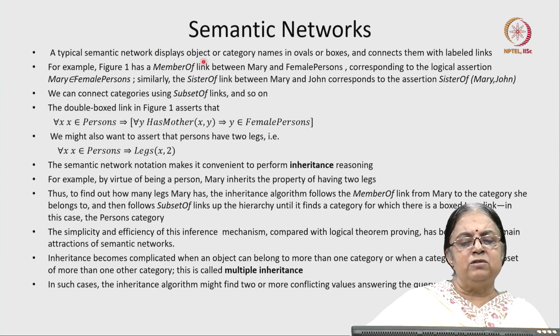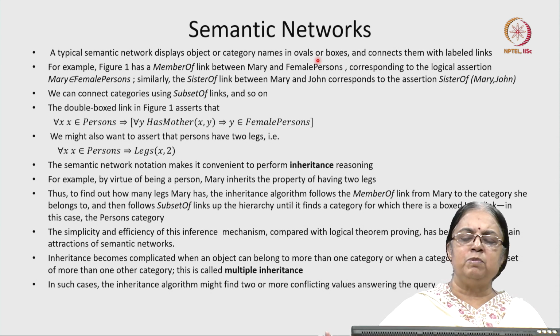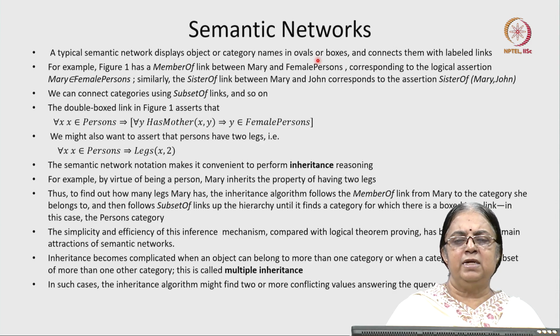So, it displays objects or categories names in ovals or boxes, right. So, you have an oval, and inside the oval you have the objects, and you have connections between them, links, which give the relationship between the two nodes basically.